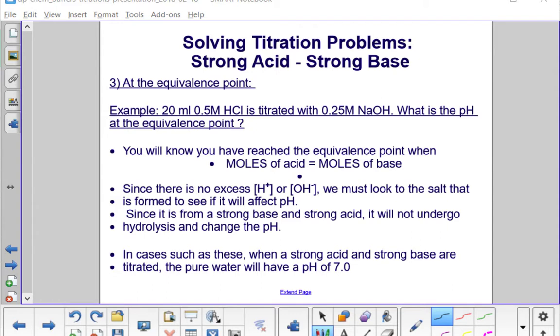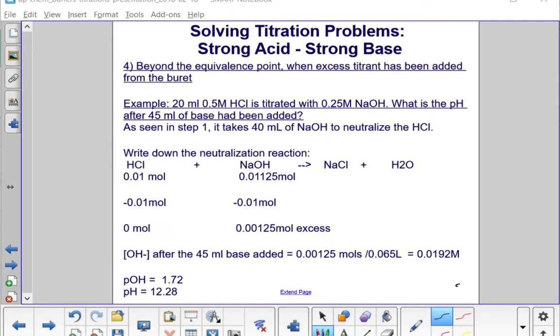Since in this case we're talking about the titration of a strong acid and a strong base, the salt that is formed will not undergo hydrolysis and therefore will not change the pH. In cases such as these, when a strong acid and strong base are titrated, the pure water will have a pH of 7.